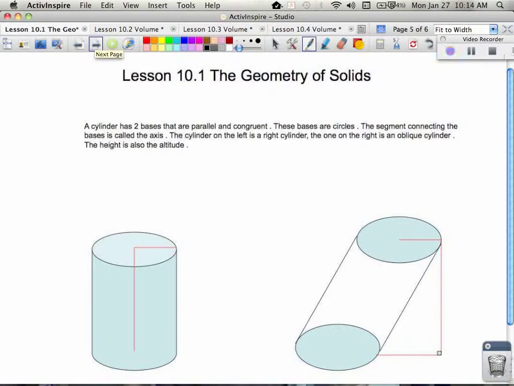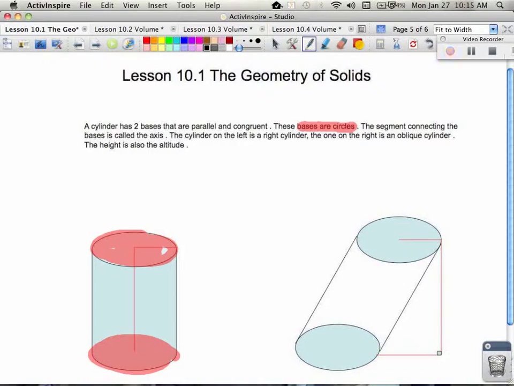In the next slide, we talk about cylinders, and a cylinder has two bases that are parallel and congruent and are circles. As we look at our cylinder, there's one circle on the top and another circle on the bottom, and they are congruent and parallel.